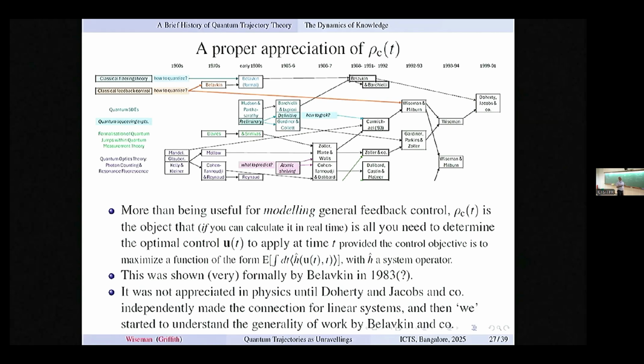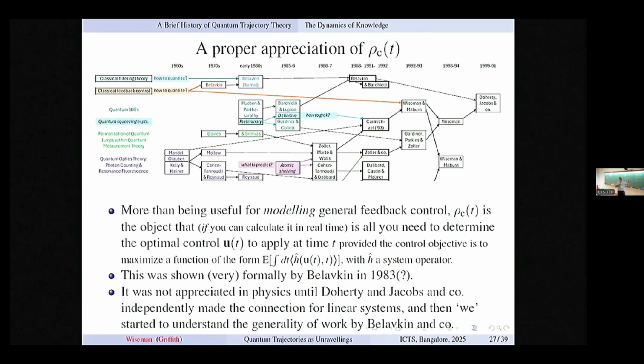But it wasn't actually until around the turn of this century that Andrew Doherty and Kurt Jacobs and collaborators initially independently made this connection of the usefulness of rho for linear systems where things are easy to solve. But then I think Belavkin contacted them and pointed out exactly where what he'd done earlier was a precedent.